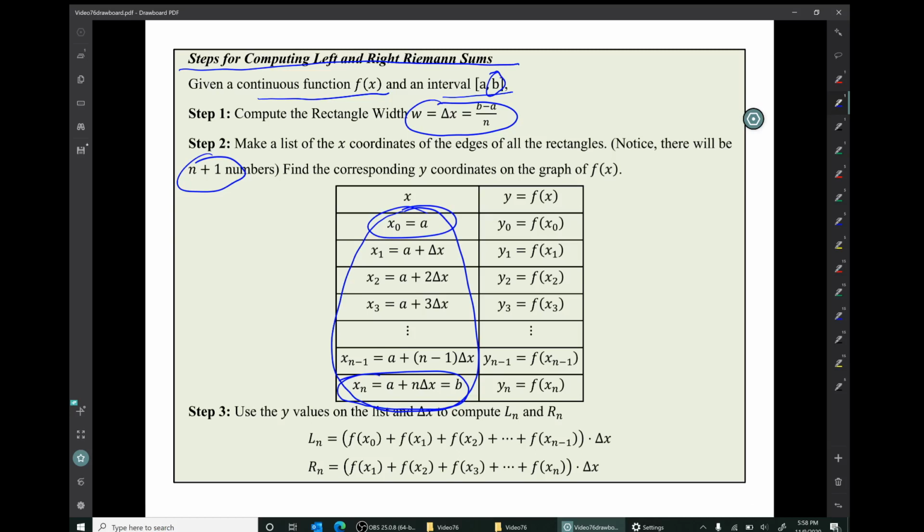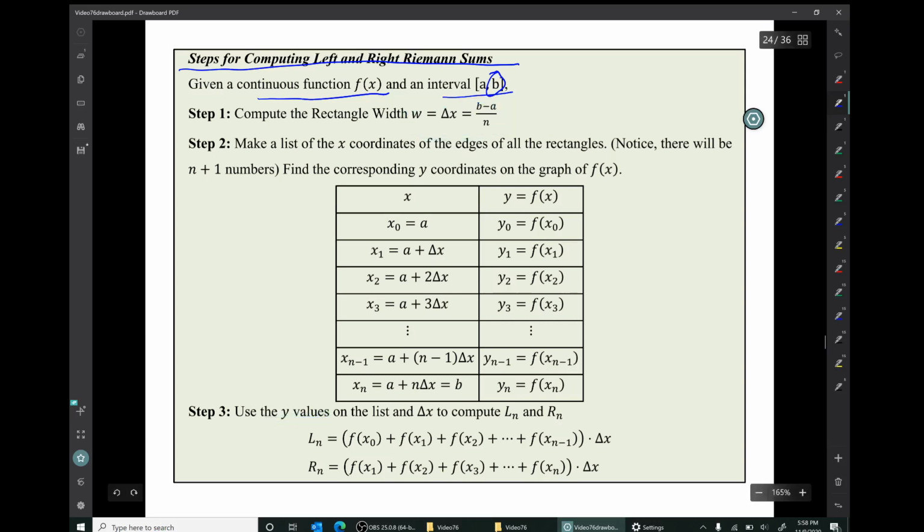The spacing between them is this number delta x. So you make that list of x coordinates, and then you find the corresponding y coordinates at each of those x values. So you end up with this table of x values and then the y values at those x values.